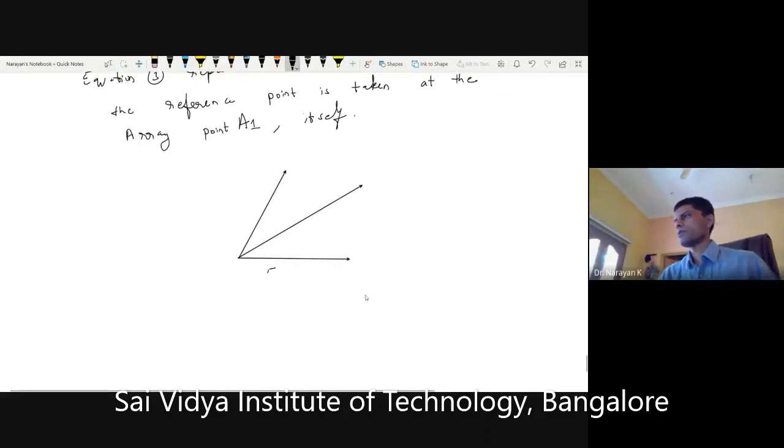This is your electric field E1 equal to E naught, that is your source 1. This is your electric field E2, equal to E naught e raised to the power j psi, that is your source 2. This is your resultant electric field. This is your origin O.